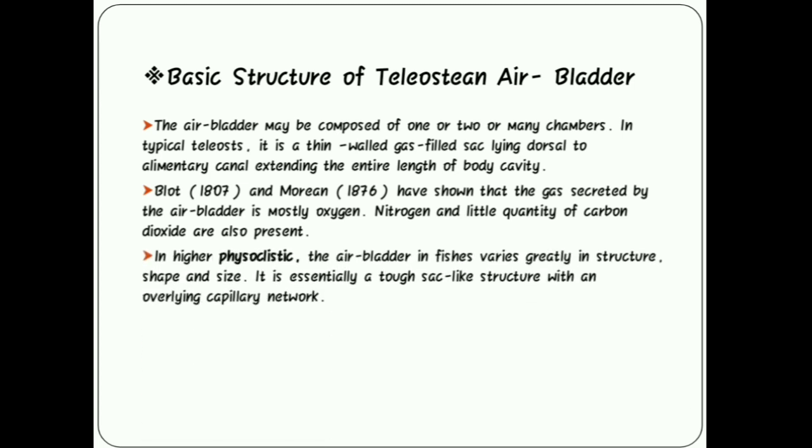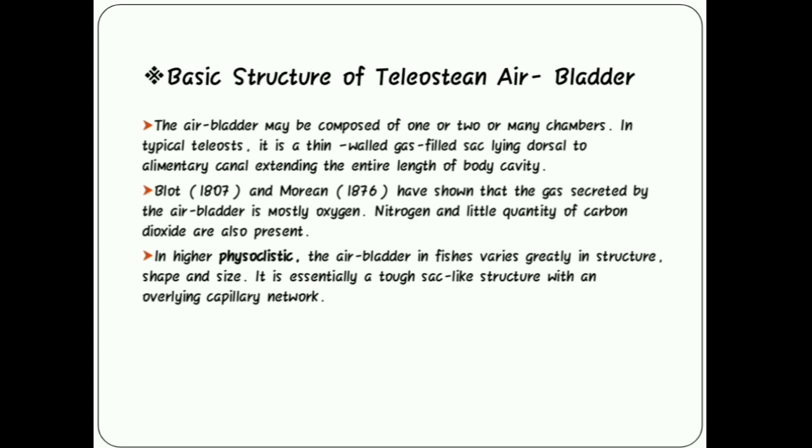In higher physoclistous fishes, the air bladder varies greatly in structure, shape, and size. It is essentially a tough sac-like structure with an overlying capillary network. Physoclistous air bladder means this type of fish does not have a pneumatic duct present.